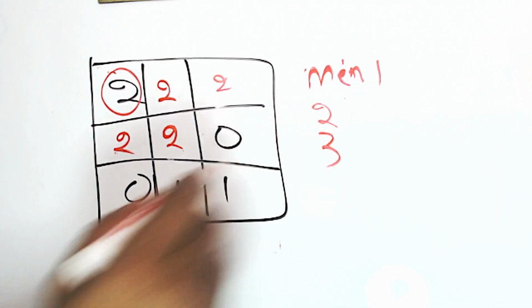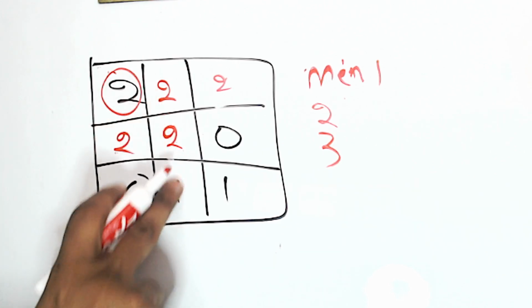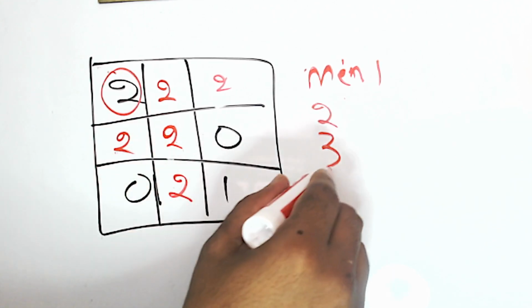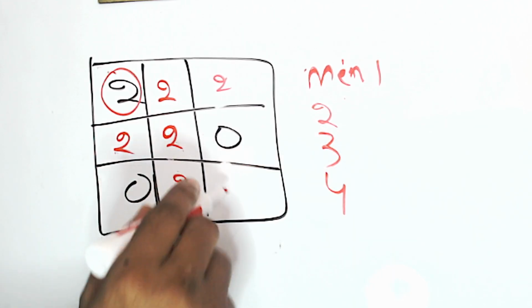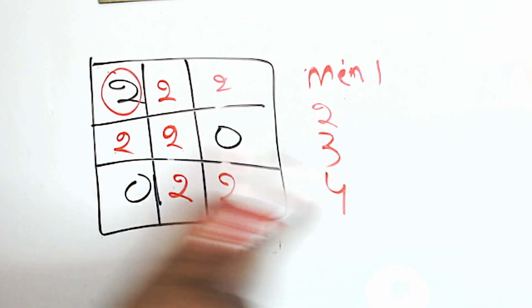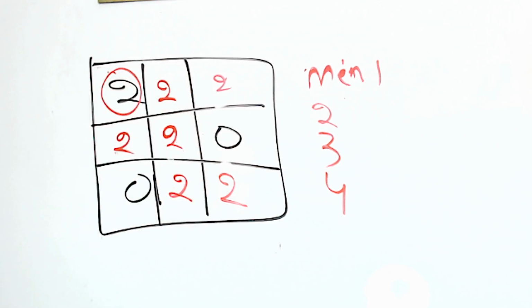At minute 3, the one adjacent to this 2 will become 2. At minute 4, this one becomes 2. So all the fresh oranges in this grid will take 4 minutes to become rotten, so we have to return 4.